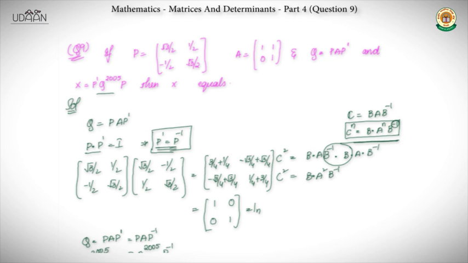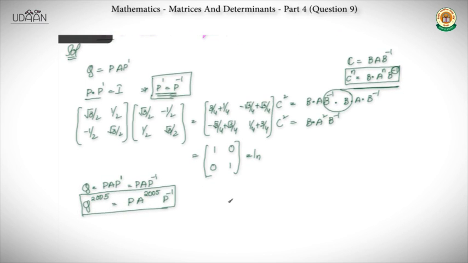Now we are going to substitute this into the next equation, because we need X. X is equal to P transpose into Q into P. We'll just write it as P inverse into Q into P. And Q power 2005 is this.